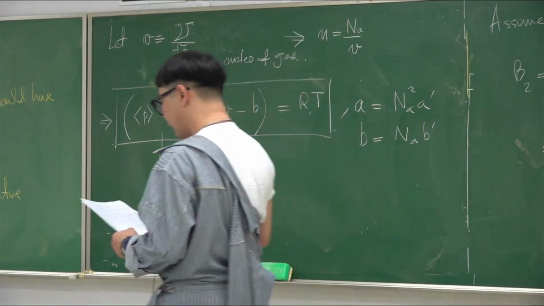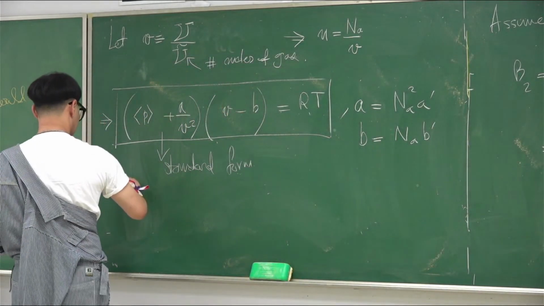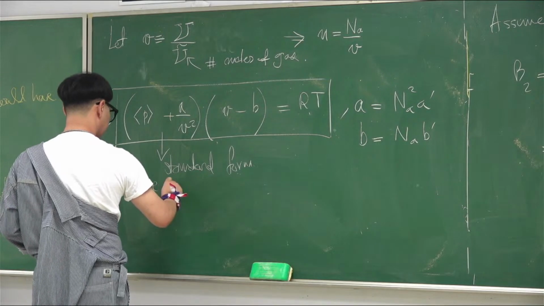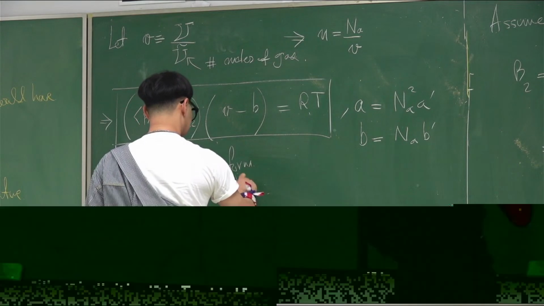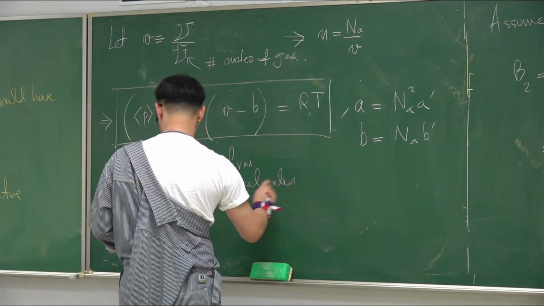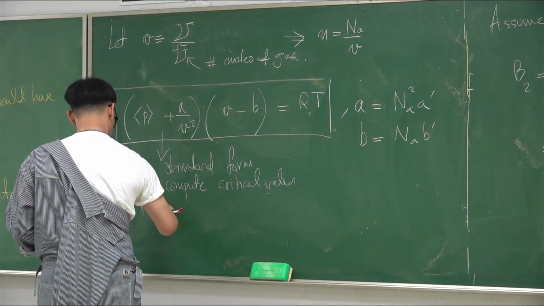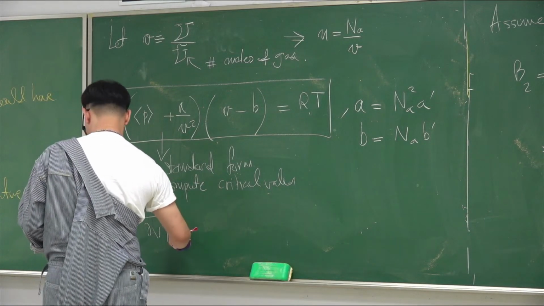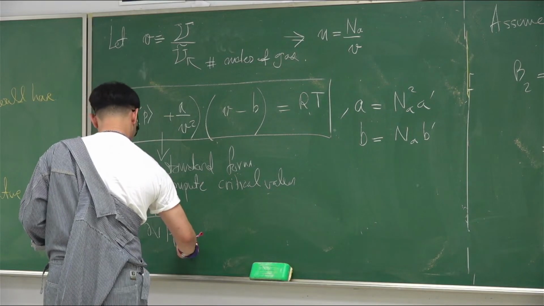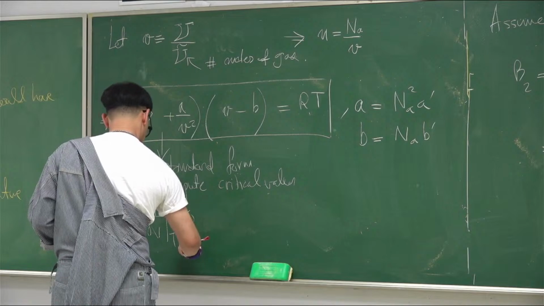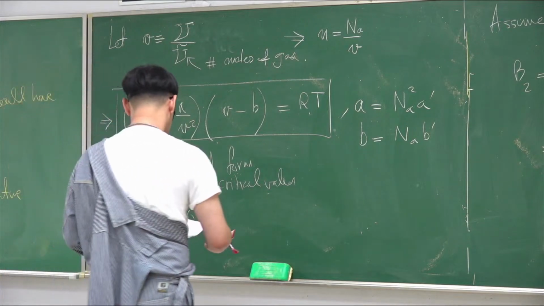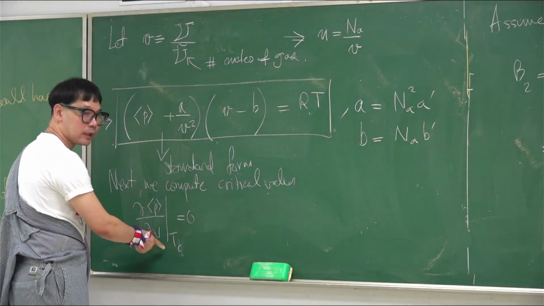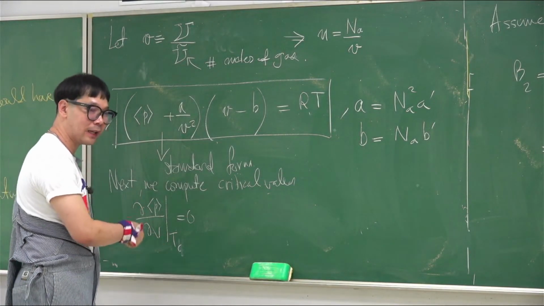Next, we compute the critical value. If we would like to see the critical value of the P, I mean, this TC means that we make this value critical.